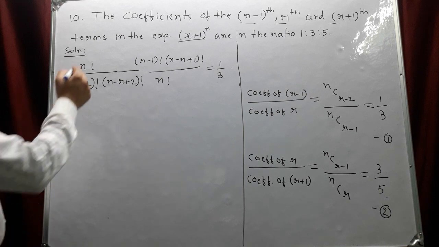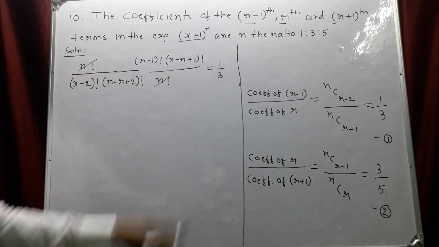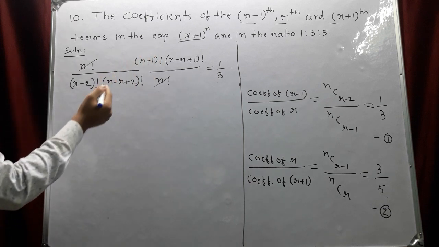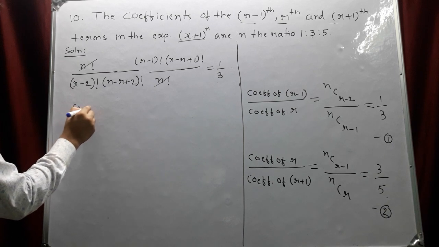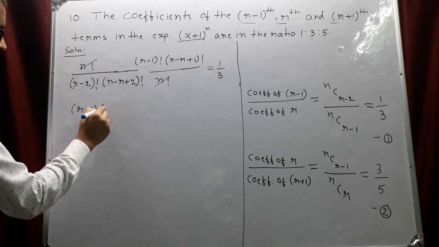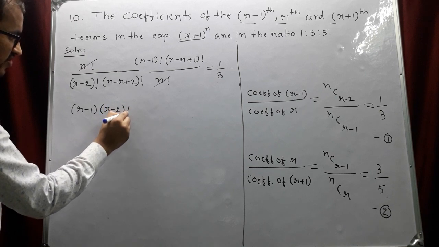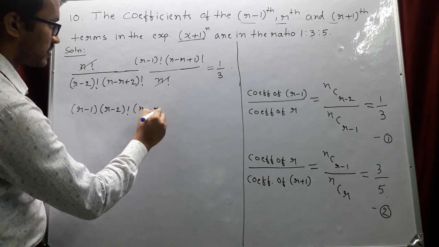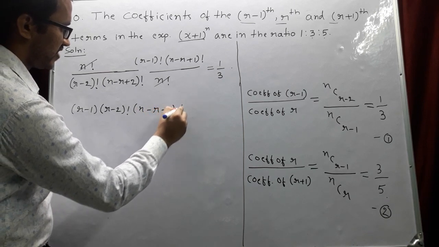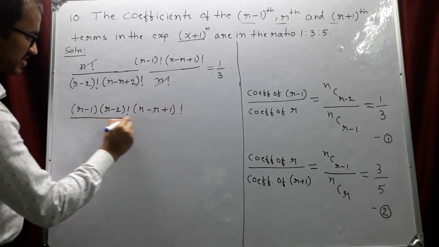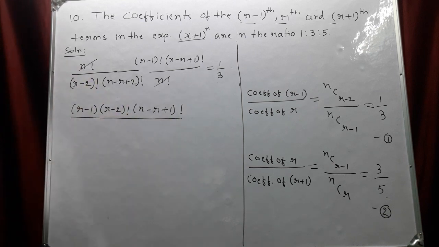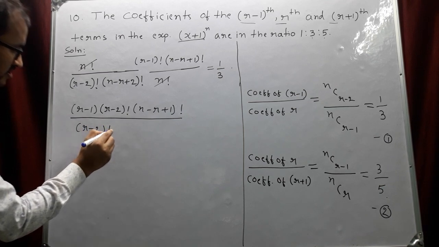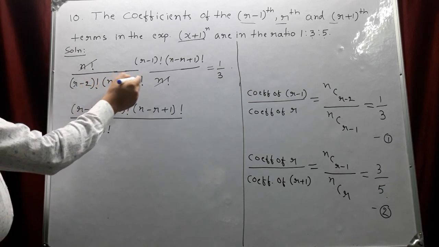So if you simplify, n factorial will get cancelled. Here r minus 1 factorial. So what we can write? That can be written as r minus 1 into r minus 2 factorial into n minus r plus 1 factorial, divided by here r minus 2 factorial, n minus r plus 2 factorial.